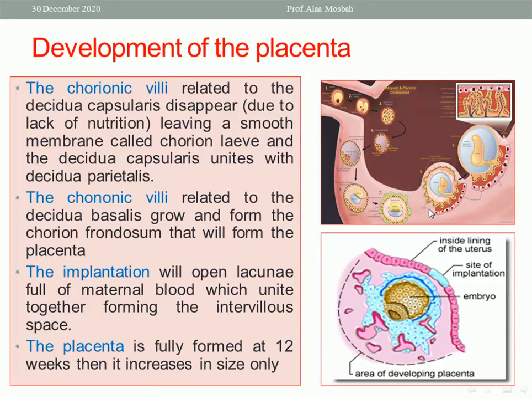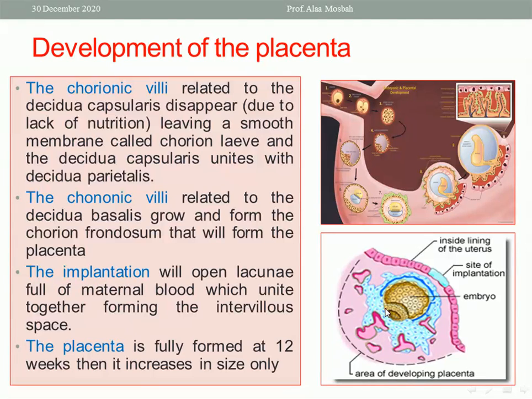And we said that the trophoblast will form the primary, secondary, and tertiary villi. And this is the decidua basalis, and both the trophoblast and decidua basalis will form the placenta, as you see here. Okay? The placenta is fully formed at 12 weeks gestational age.